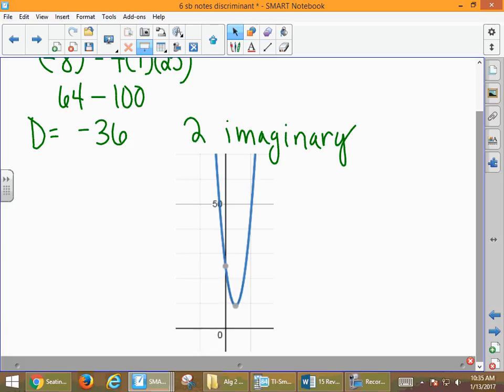So if you sketch your picture, you just want a quadratic that's mostly in the first quadrant and does not cross the x-axis. Again, you can type that in. You may have to work with the scale of your window to be able to see the picture.